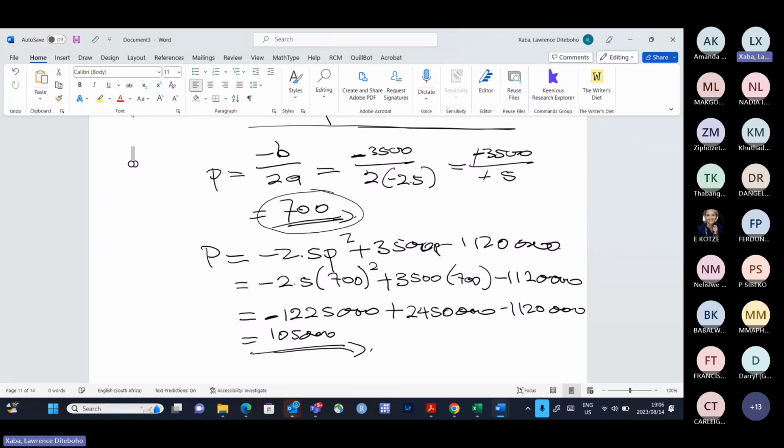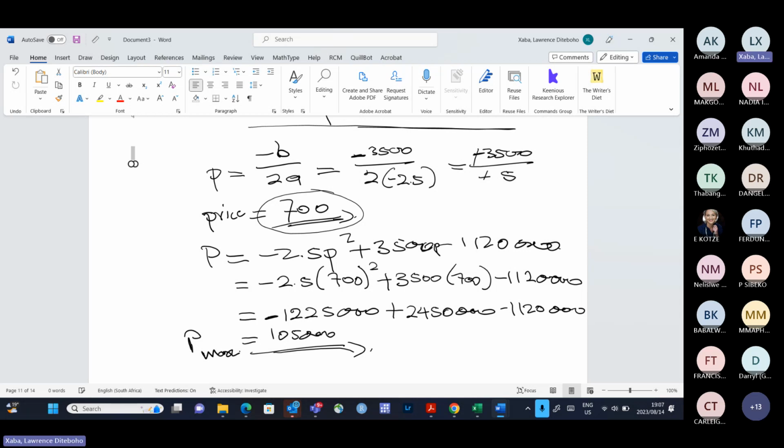So this is our maximum, P maximum, at a price of 700. So this is the price.